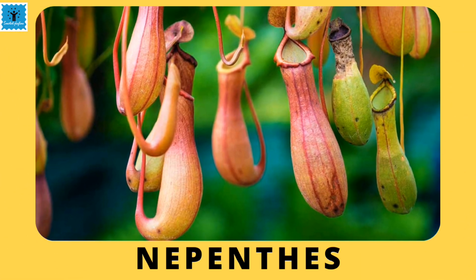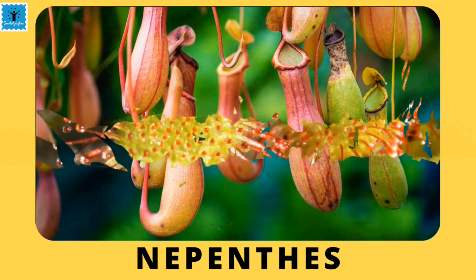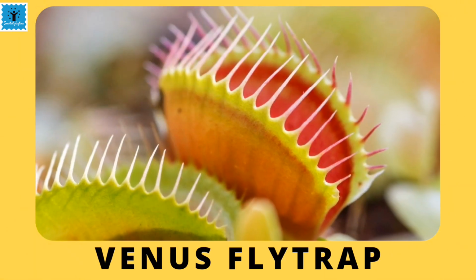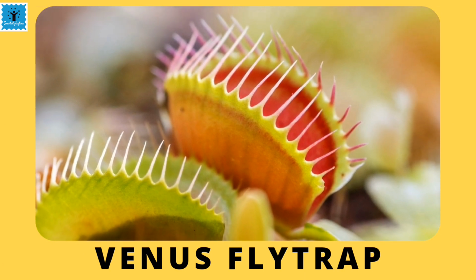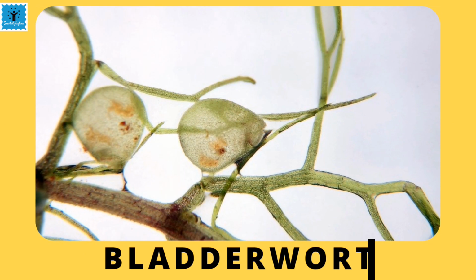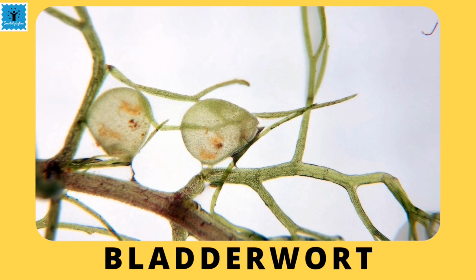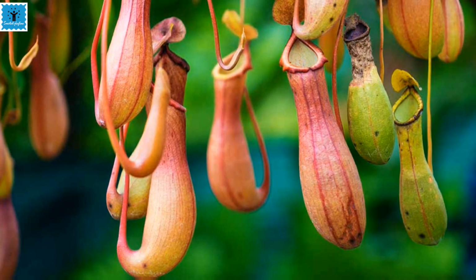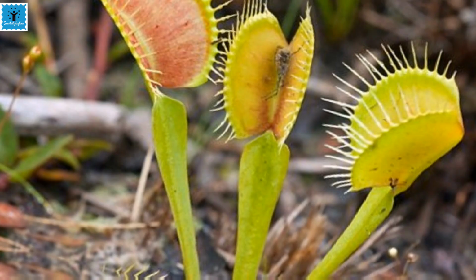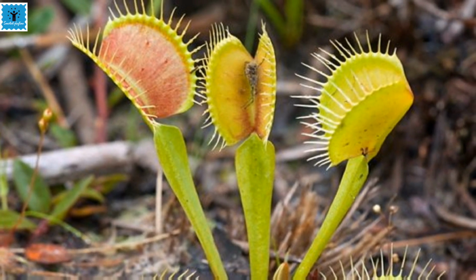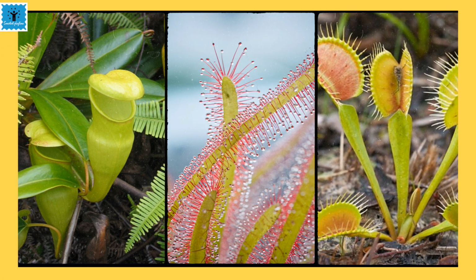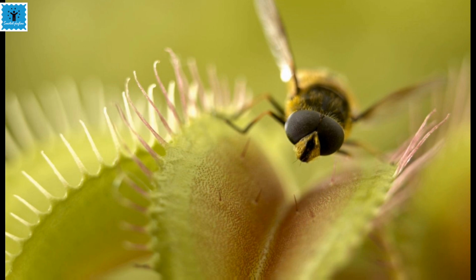Nepenthes, also called the pitcher plant, Sundew, Venus flytrap, bladderwort are few examples of insectivorous plants. These plants are generally green in color and are able to do photosynthesis and make their own food. They lack some important nutrients, so to overcome this problem, they eat insects.